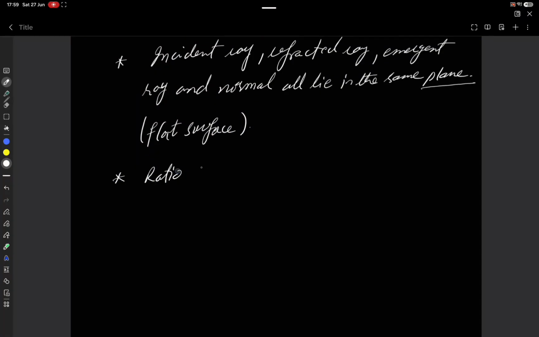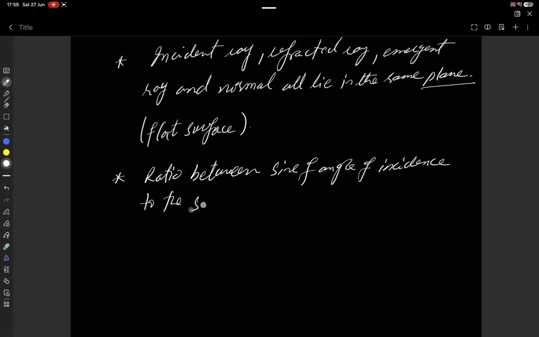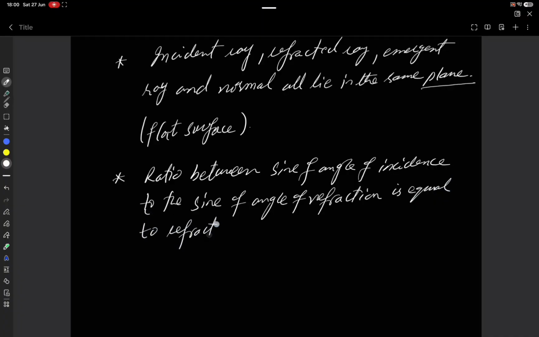The ratio of the sine of the angle of incidence to the sine of the angle of refraction is equal to the refractive index.